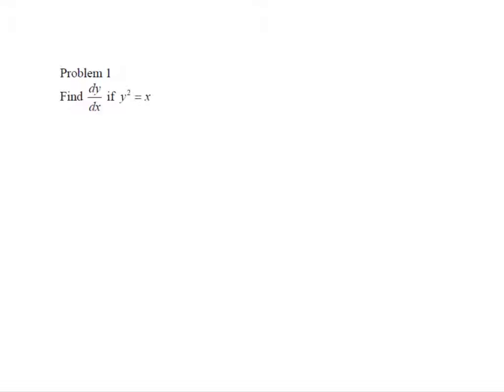Just like we take the derivative of x squared and we get 2x, when we take the derivative of y's, we follow the same rules. Just at the end, because it's the derivative with respect to x, the derivative of y squared is going to be 2y, but then we need to take the derivative of y with respect to x, so it's dy dx.